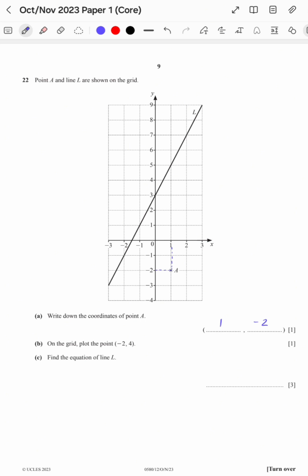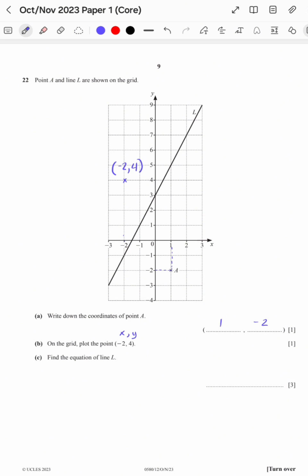Next, on the grid, plot the point -2 and 4. X is -2 and your y is 4. -2 is here and 4 for y is going to be here. This is where your -2 and 4 are located.